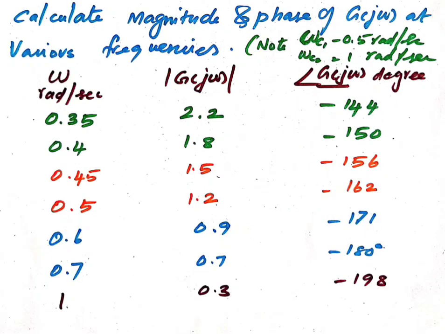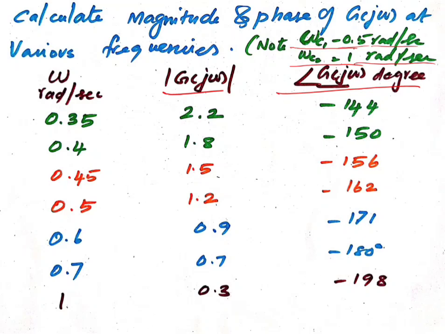Now we have to find the magnitude as well as the phase angle for a set of frequencies. An important note is that we have two corner frequencies, 0.5 radians per second and 1 radian per second. So we have to choose a range of frequencies in which these two corner frequencies are included.